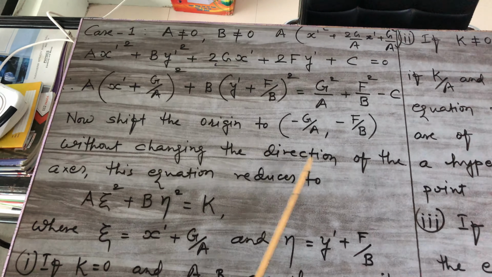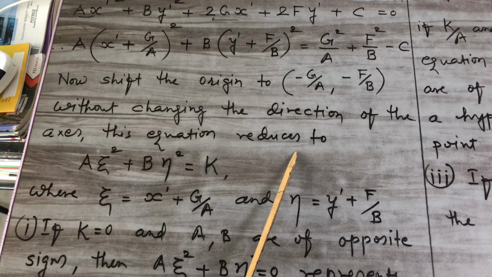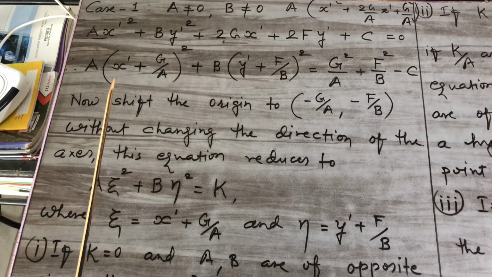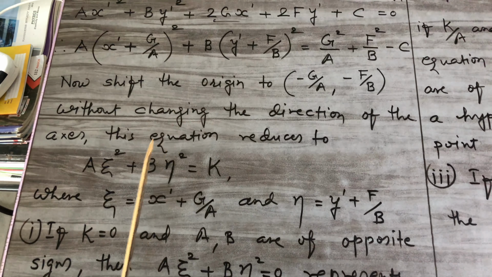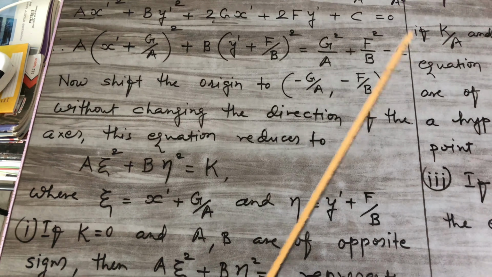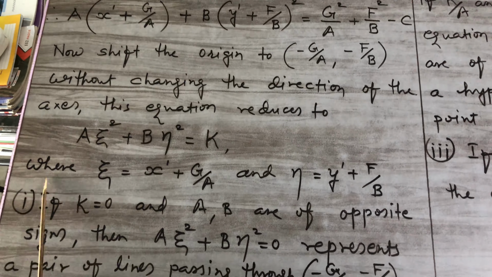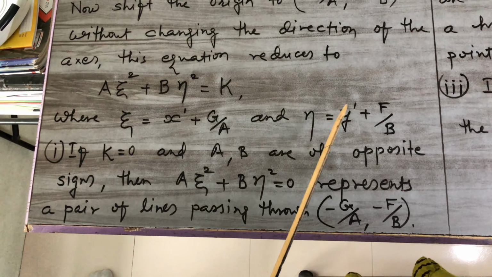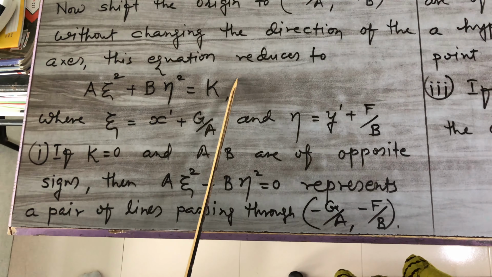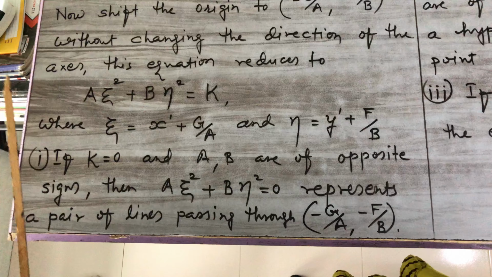Now without changing the direction of the axes, this equation reduces to aε² + bη² = k, some constant k, where ε is x' + g/a and η is y' + f/b. This is the standard form.